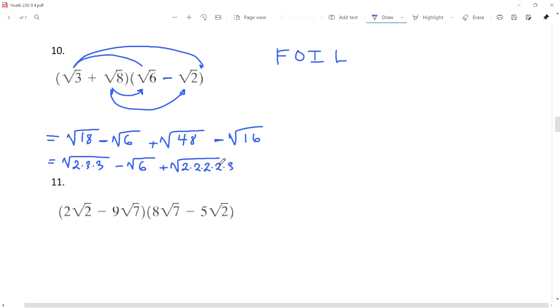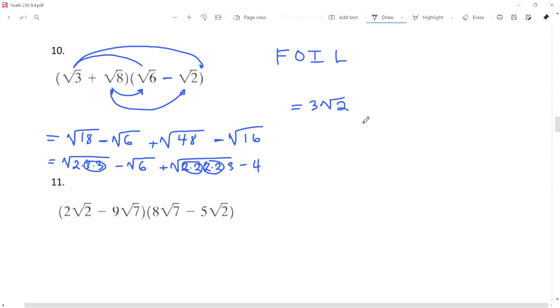That's the prime factorization of 48. And the square root of 16, that's an easy square root to do. That's just 4. We can do that on our calculators. Notice I'm looking for pairs. I have a pair of 2's here and a pair of 3's. So this simplifies to 3 root 2.